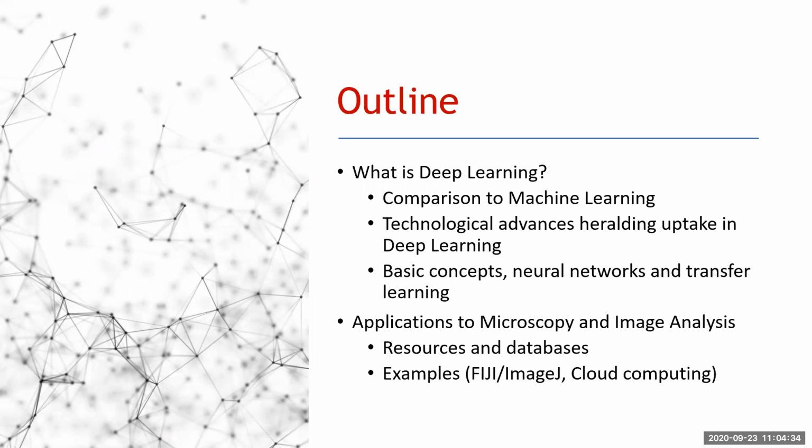Transfer learning, which is a concept that has allowed deep learning to really push forward, especially for image recognition and features and analysis. And then finish off with how this applies to microscopy and image analysis in particular. I'll show you some resources that are out there that you could use. And then I'll finish off very quickly with some examples run in Fiji and ImageJ and in the cloud.